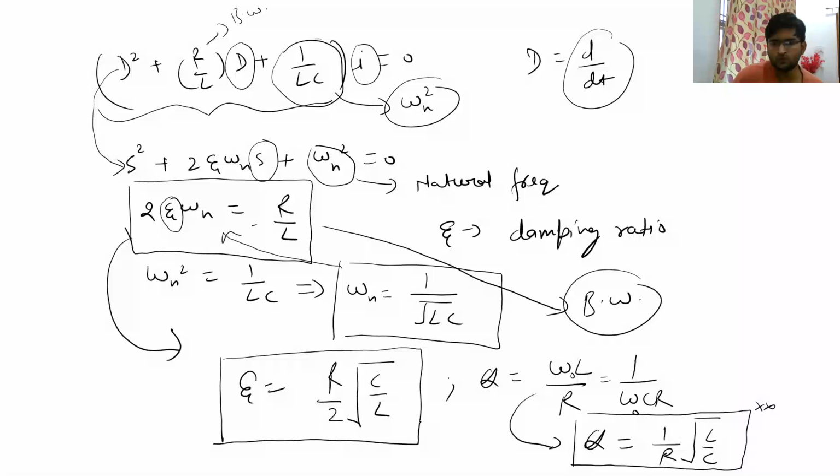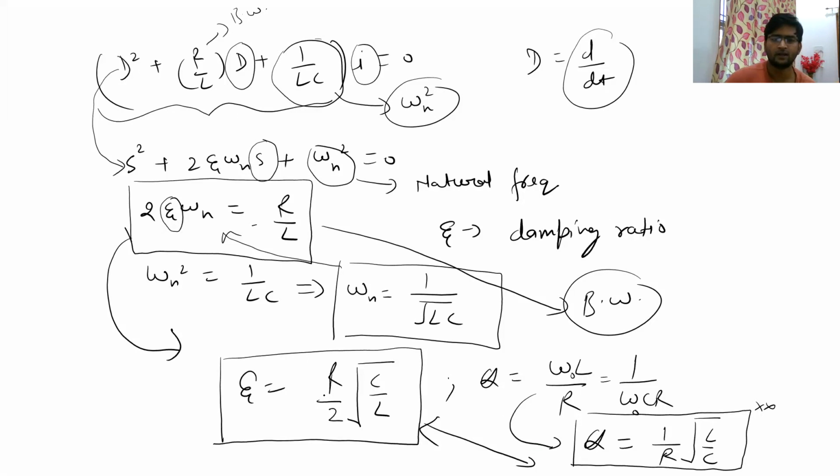So I want you to find a relationship between this Q and this zeta. Can you see any relation between this equation R by 2 under root C by L and 1 by R under root L by C? They look almost reciprocal to each other. So you will find zeta is nothing but 1 upon 2Q.